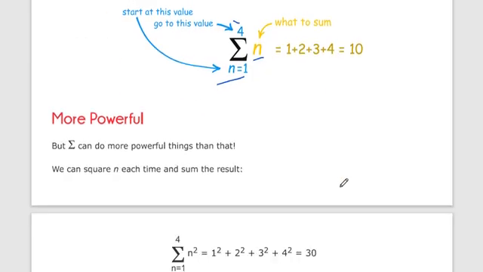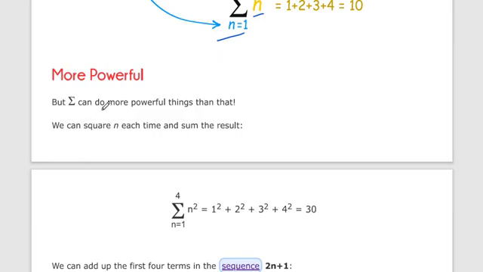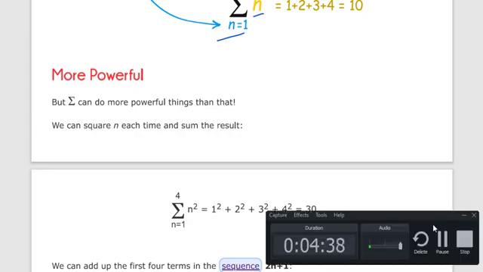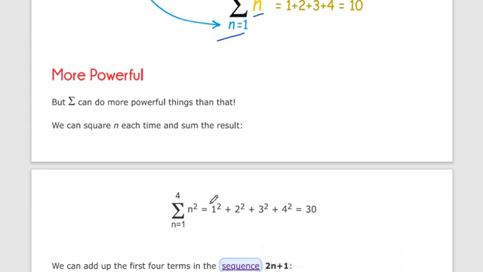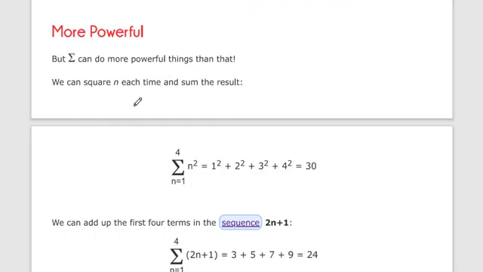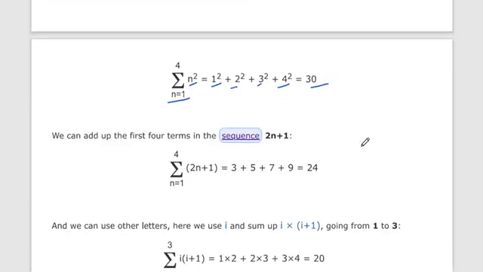Now let's say we have to add more powerful things. Here n goes from 1 to 4, but they have written n square, so we take 1 square, 2 square, 3 square and 4 square, and its summation is equal to 30.